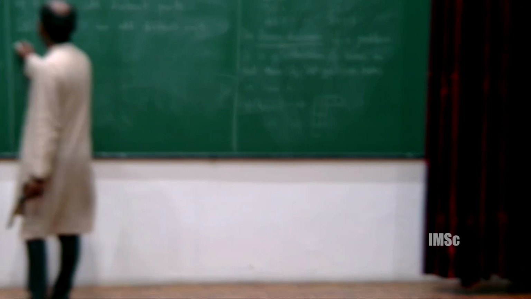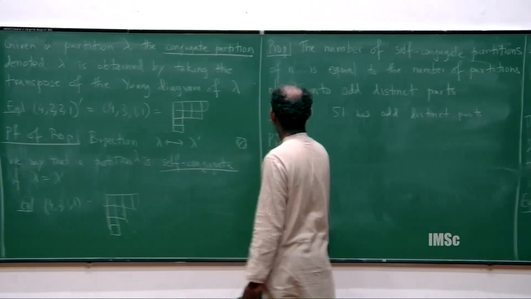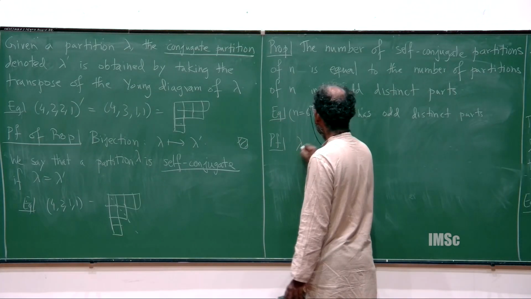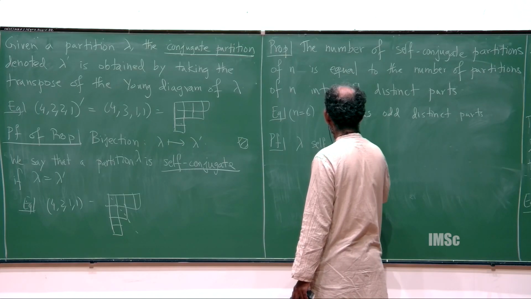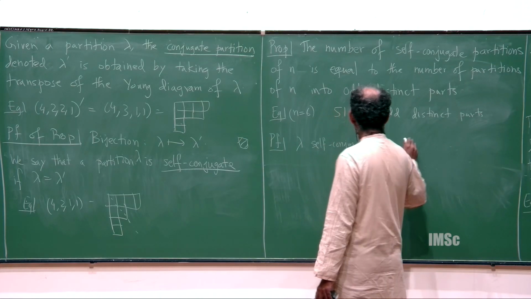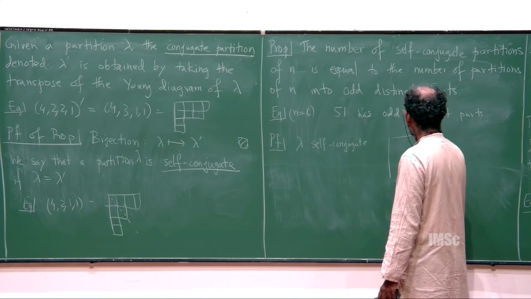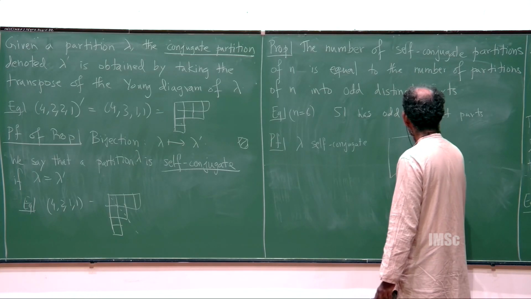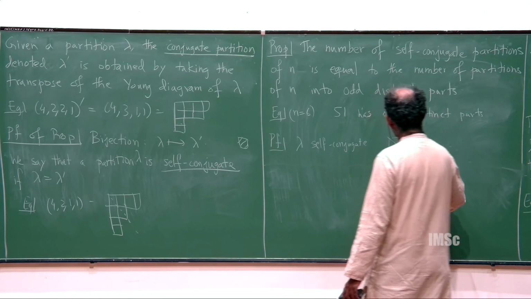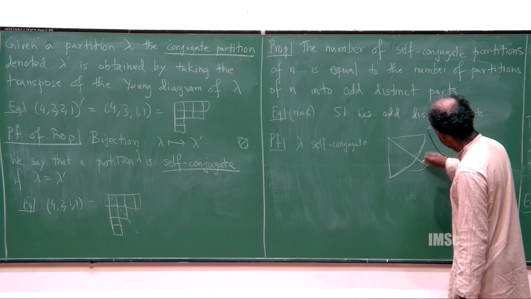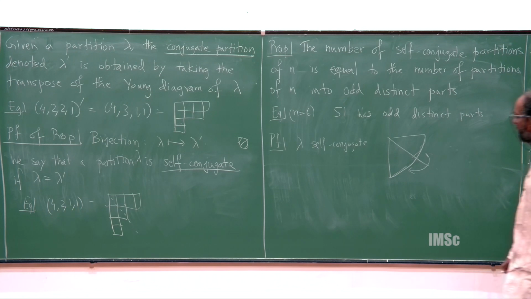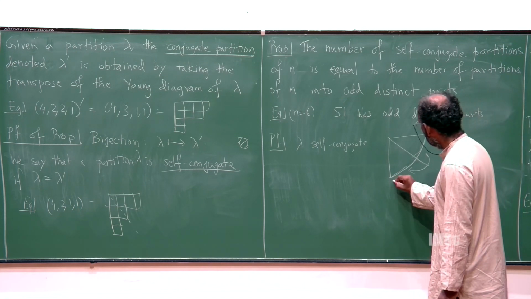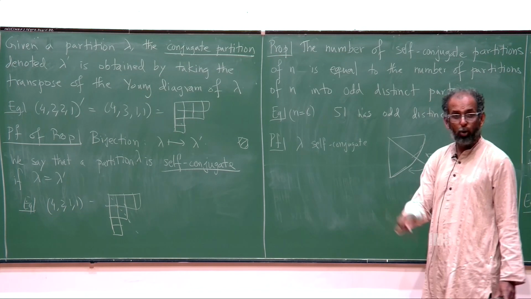Okay, so let me show the idea. So suppose lambda is self-conjugate. That means its Young diagram is something, whatever it is, it's complicated. But it's going to be symmetric about this reflection, right? So what we are going to do is construct what are called hooks.